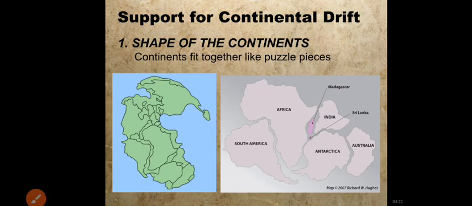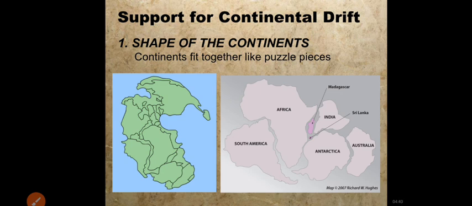Let's look at the evidence he used to support his claim that the Earth was once together. The first point is the shape of the continents, which we can also call the continental fit or the jigsaw puzzle.